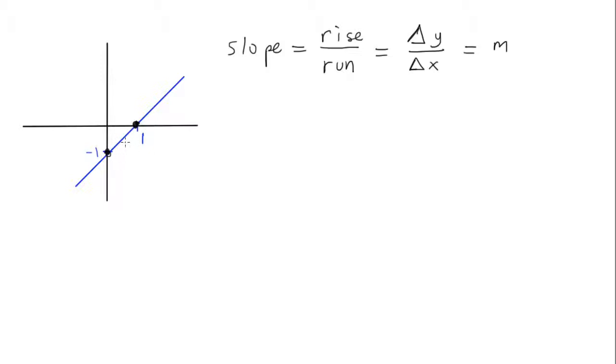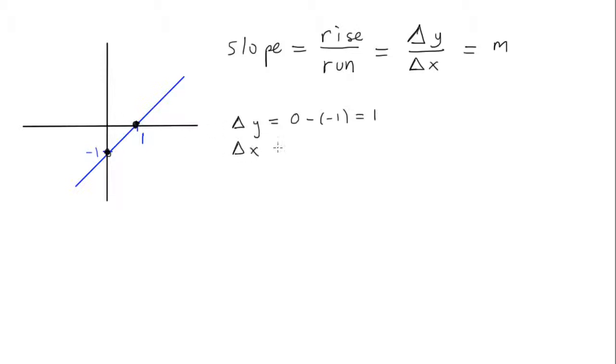Now in this simple example, the numbers are going to be really easy. So delta y is the y coordinate at this point, which is 0, and the y coordinate at that point is -1. So 0 minus -1 is 1. And that makes sense. We went 1 unit up.